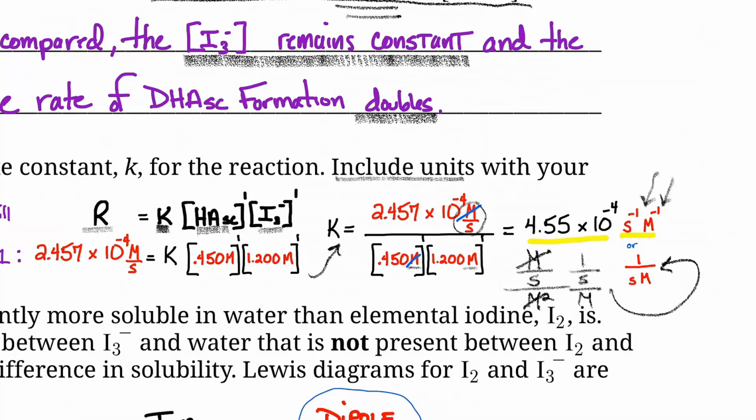And that's not always going to be the same units there. Be careful. It depends upon the rate law. You could have a square here. In this case we didn't, and that would be molarity cubed on the bottom. That would change your simplification. So that's important to make sure you understand that.